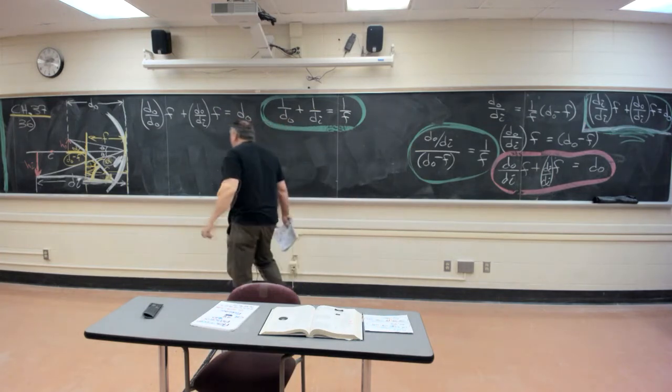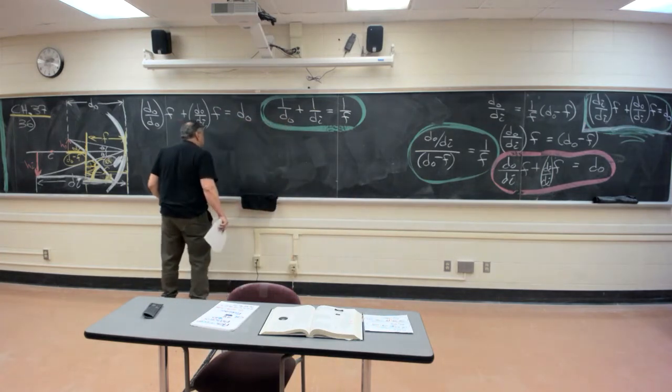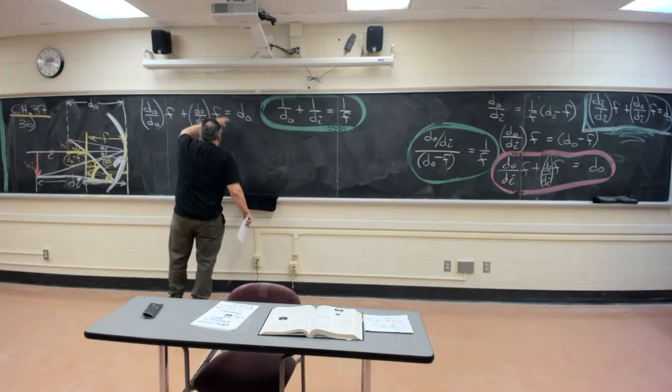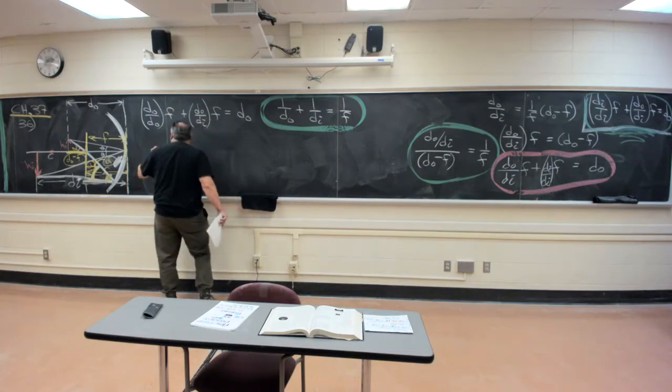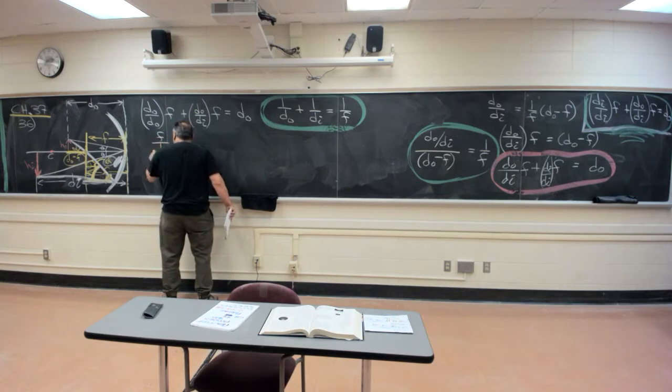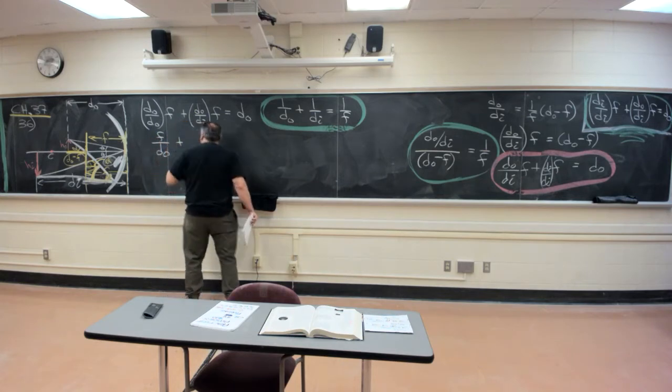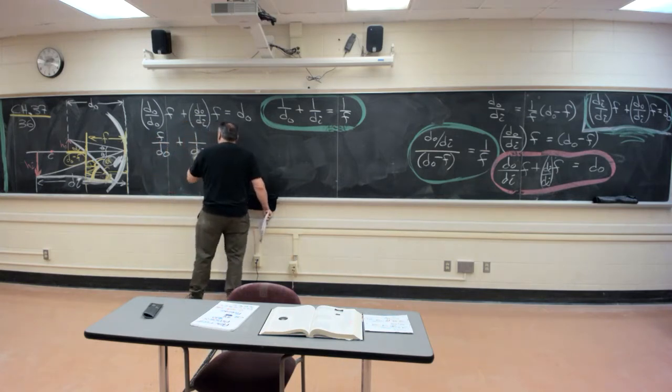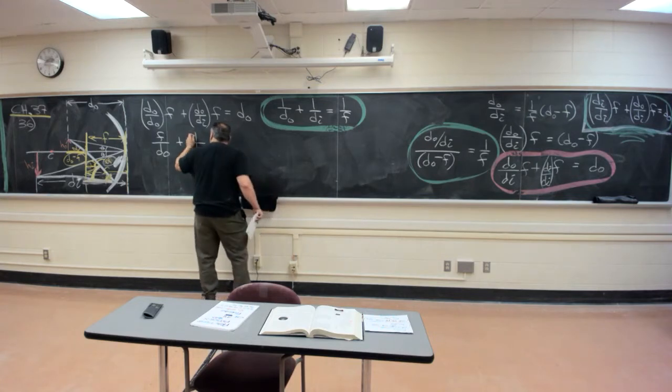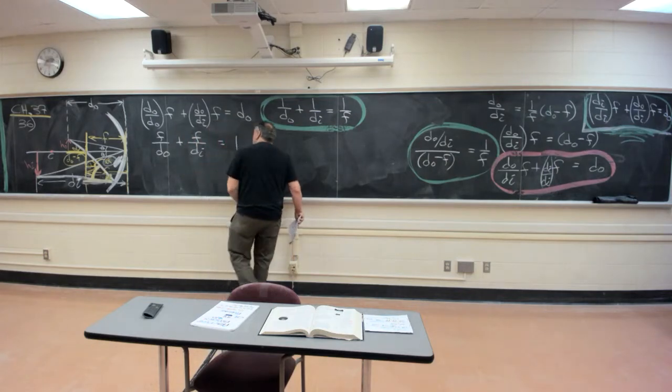Tell you what I'm going to do. Why don't you divide by DO on each side? Divide by DO on each side.